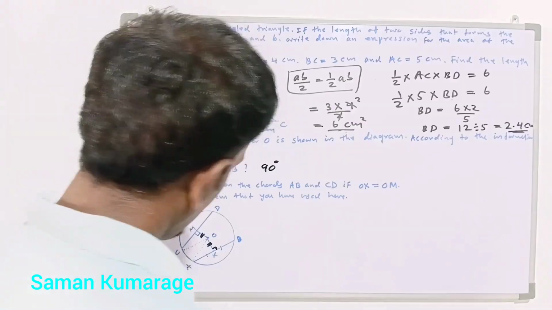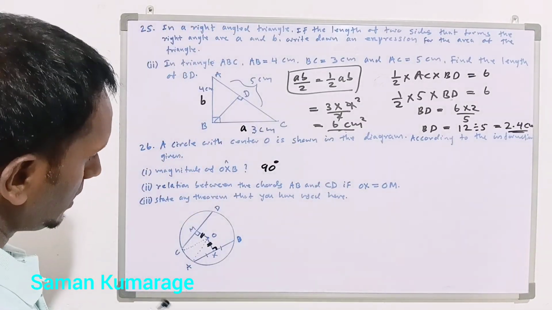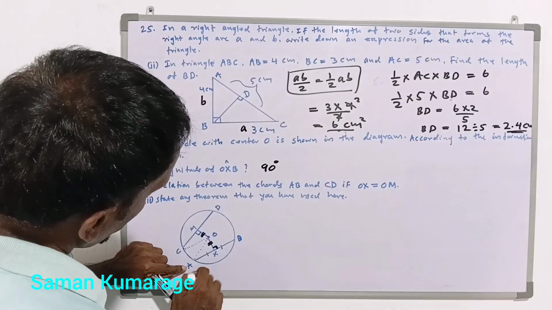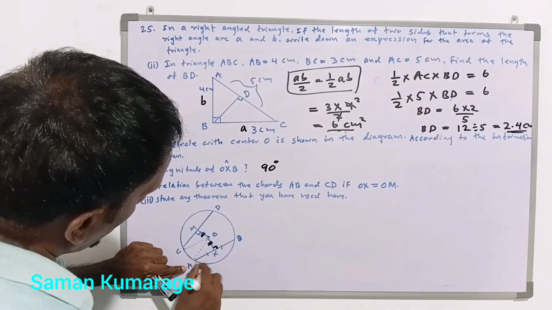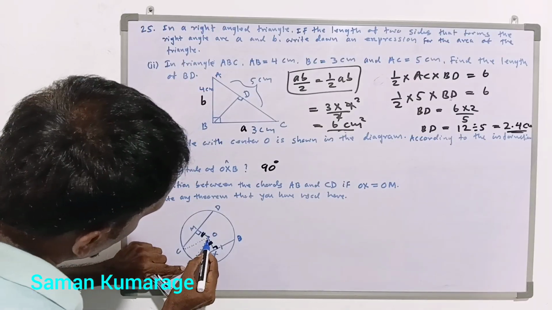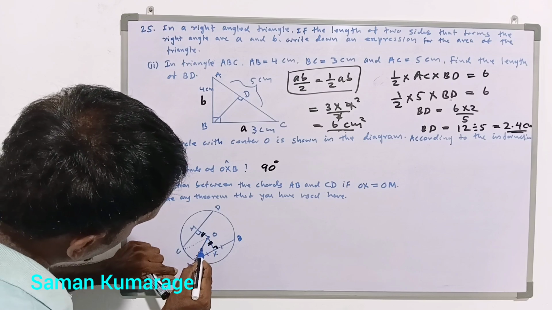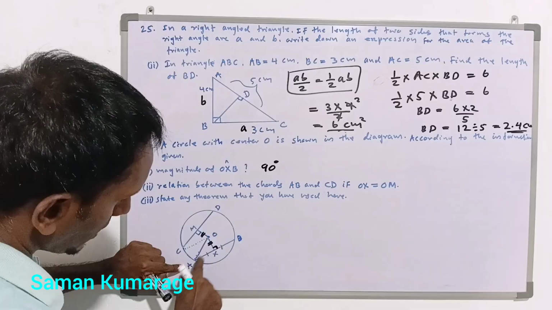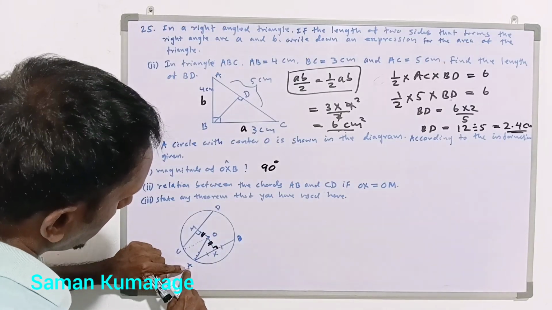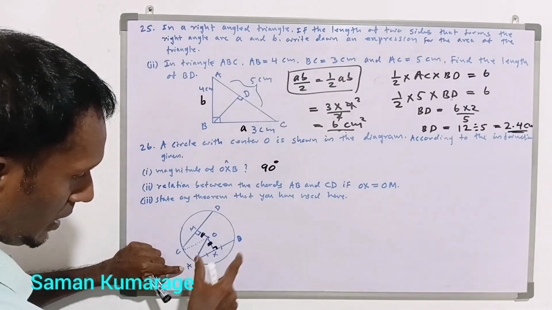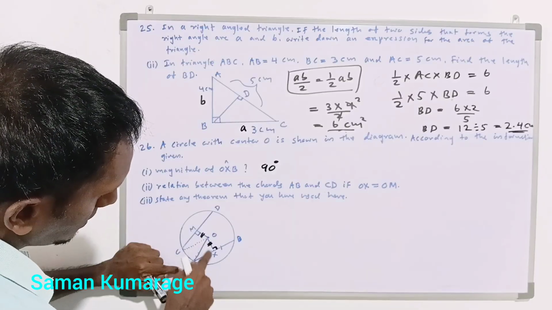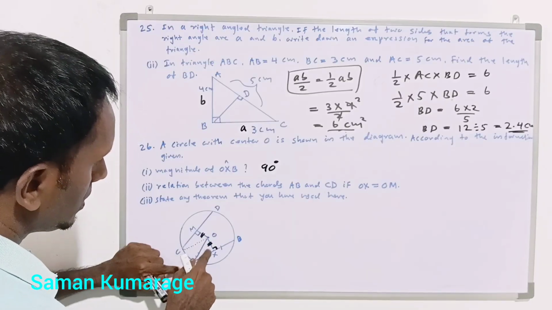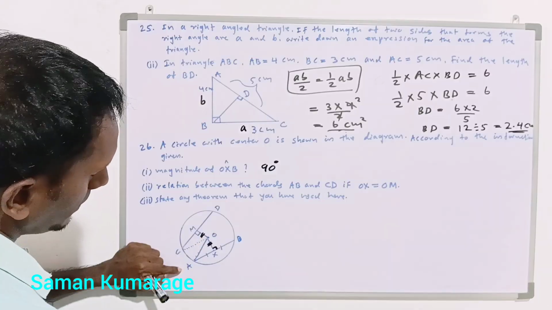So according to that theorem, in this AOX right angle triangle, AO is the hypotenuse and this is the other side, which is equal with this side.